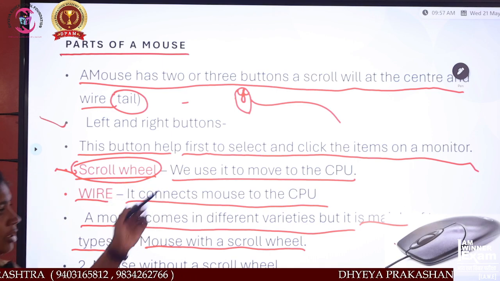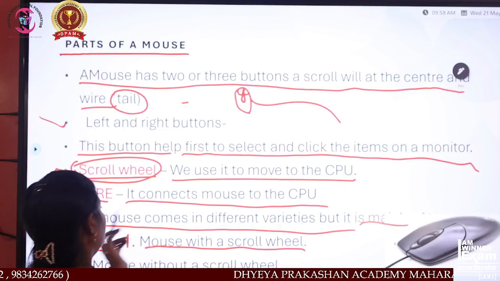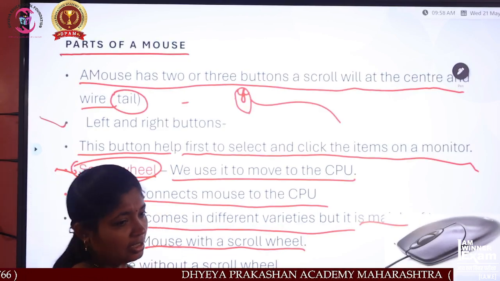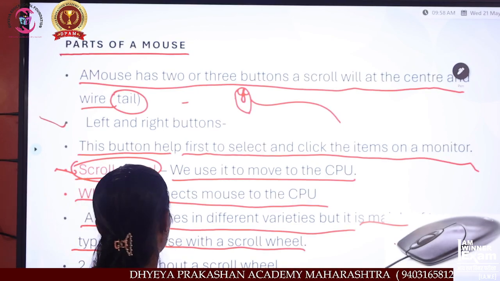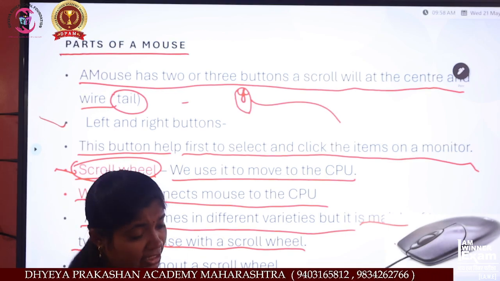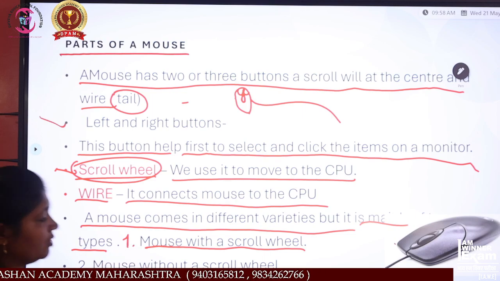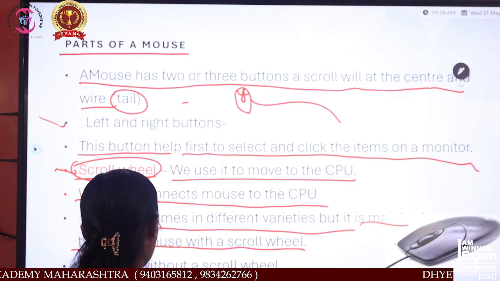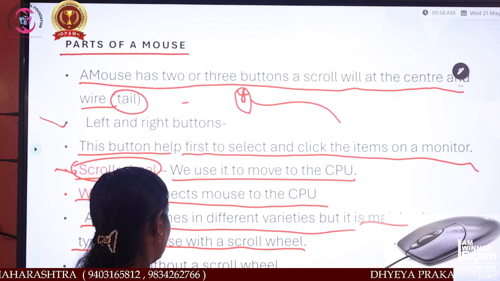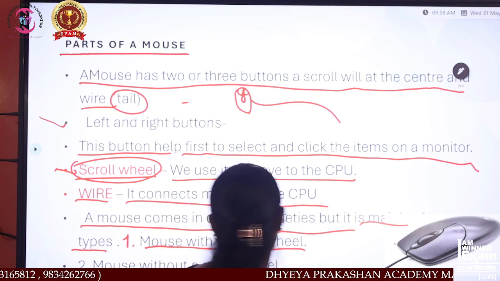The scroll wheel we use to move up and down. The wire connects the mouse to the CPU. Next, a mouse comes in many varieties, but mainly two types: a mouse with a scroll wheel, and a mouse without a scroll wheel.